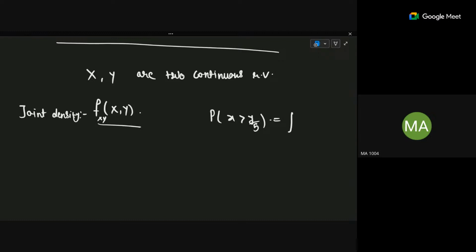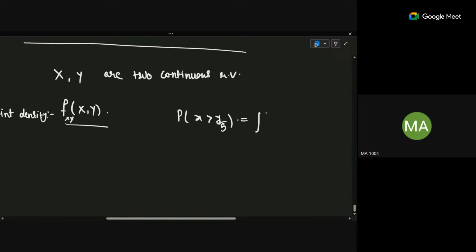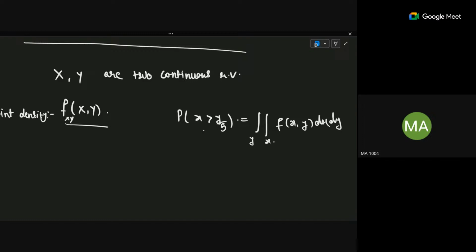The standard way is a double integral. Since it is two random variables, the probability of a region is the integral of the joint density dx dy. These are the limits for x, these are the limits for y. In general, we can write negative infinity to positive infinity, because the rest of the part becomes 0 whenever f_xy is 0.